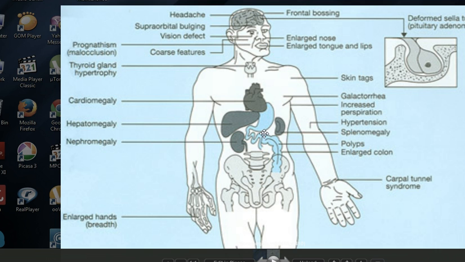So again, there's an enlarged pituitary gland causing headache, causing compression of the optic nerve leading to bitemporal hemianopia, causing coarse features, although coarse is not the preferred term recently actually.